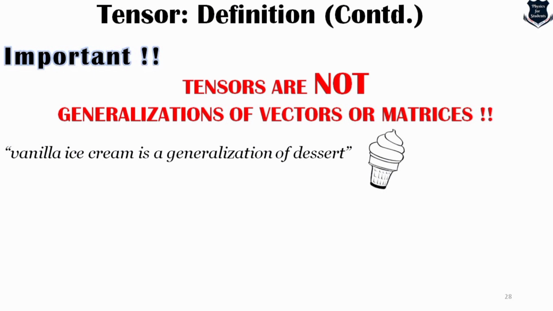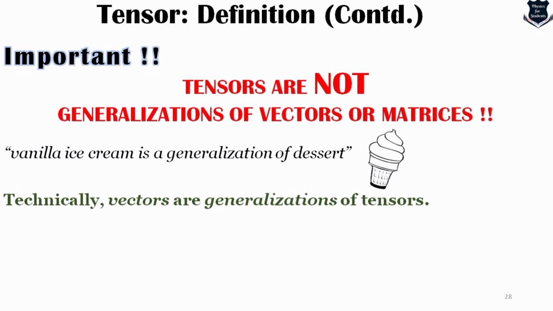So please, I beg all of you, do not compare them to vectors as you learn, and do not compare them to matrices either. What we technically call vectors are special cases of tensors. The problem comes because it is a kind of linear matrix.